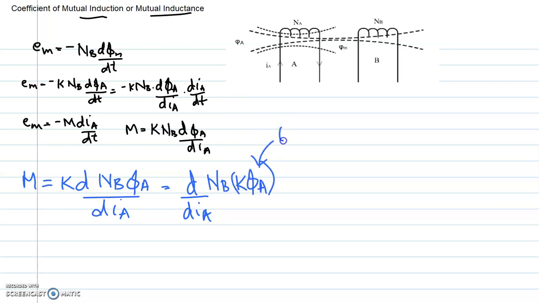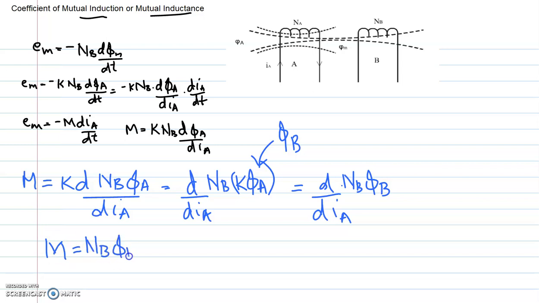K phi A is nothing but phi B or phi M. So therefore this can be written as d by dIA of NB into phi B. So in general we can write mutual inductance M is nothing but NB phi B divided by IA. So please refer. Mutual inductance is nothing but the number of turns and the flux which is linking with the second coil, and the current is through the other coil. Okay.